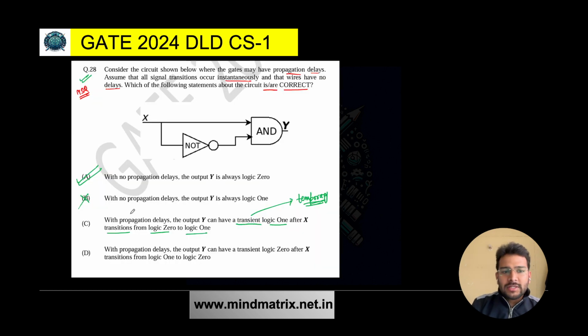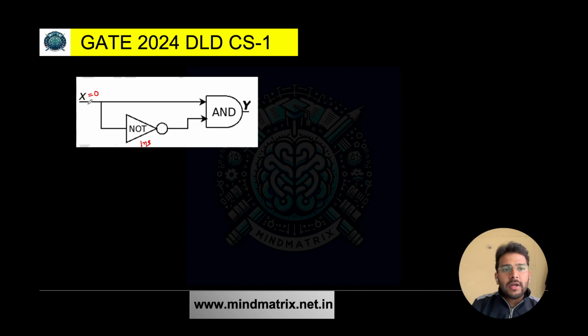So in the option it is saying that after x transitions, that means after x changes its value from logic 0 to logic 1, y can have transient logic 1. So let's try to find out. So x is having value 0. So if x is having value 0 and we are going to have 0 here and there is 1 nanosecond delay, fine. After 1 nanosecond delay, we are going to have 1 here because there is a NOT gate applied here. What value you are getting here? Can I say I'm getting 0 here?